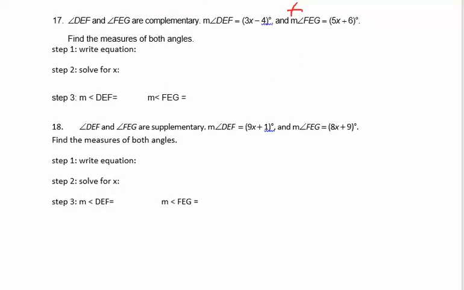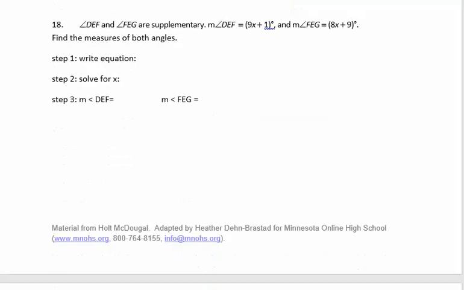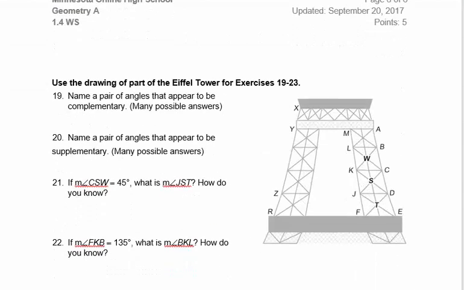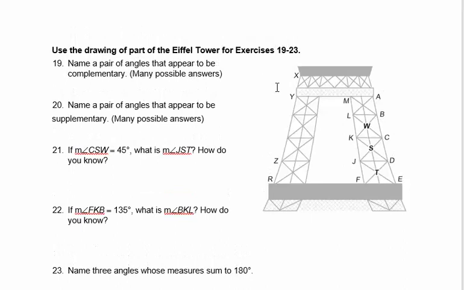In number 18, these two angles are supplementary, so you'll add these together again, but it'll be equal to 180. And then you'll solve for x, and then you'll plug x back into both of those expressions to find the measure of the angles.